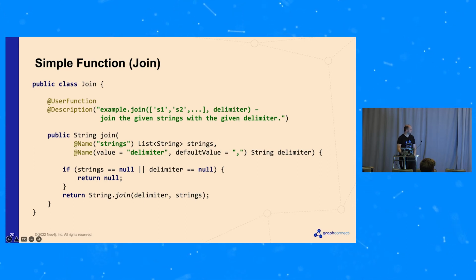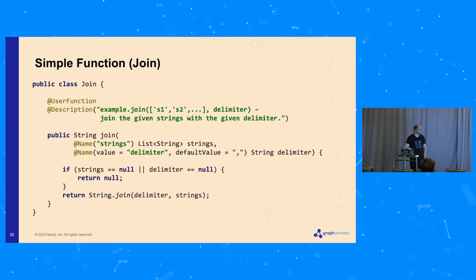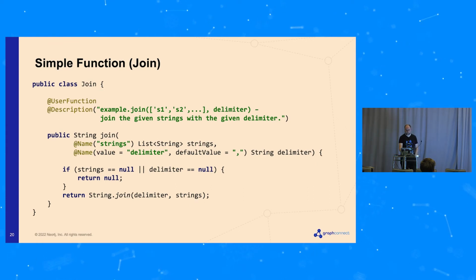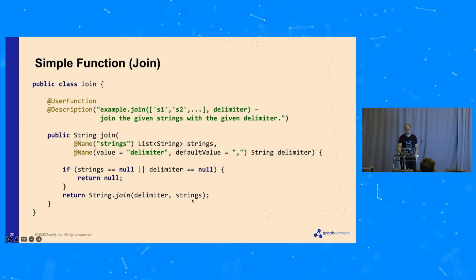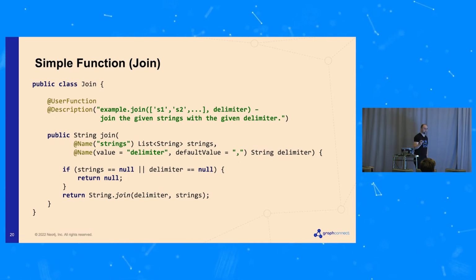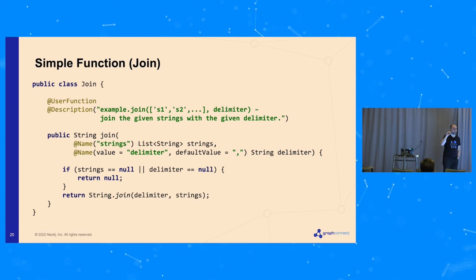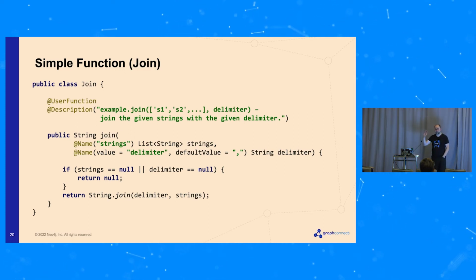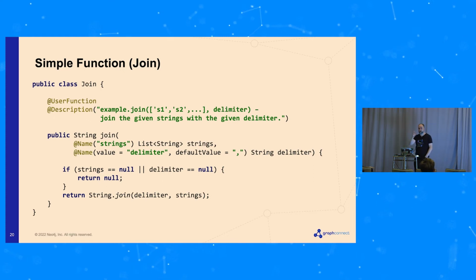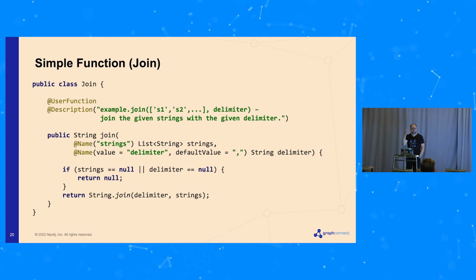And then the implementation is super simple, because since Java 8 or 9, Java has a join function on String, which takes a delimiter and a bunch of strings and does all the work. So actually a lot of the user functions in APOC are just one to five lines of code, because they just expose either a Neo4j or a Java feature to Cypher that's currently not available.